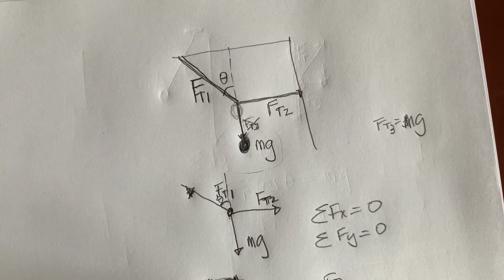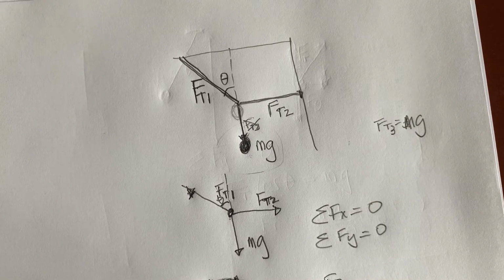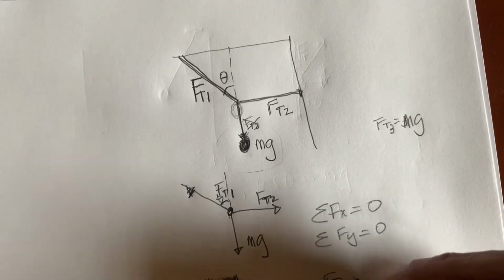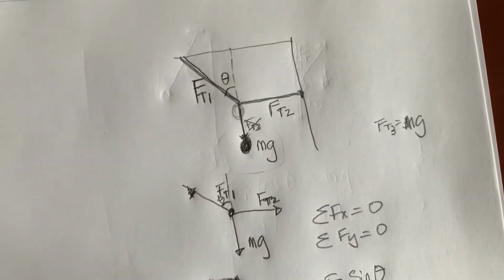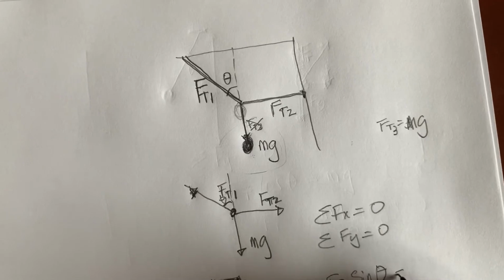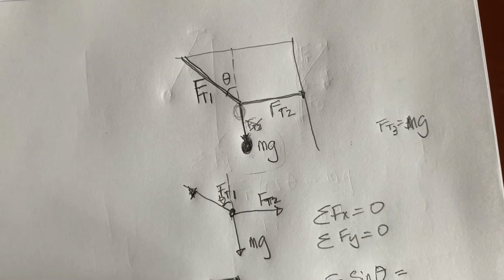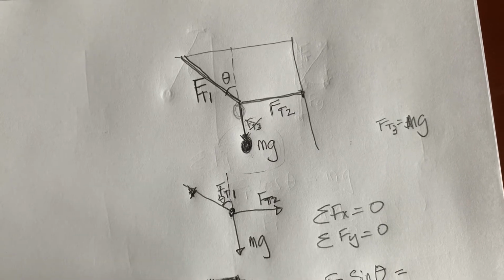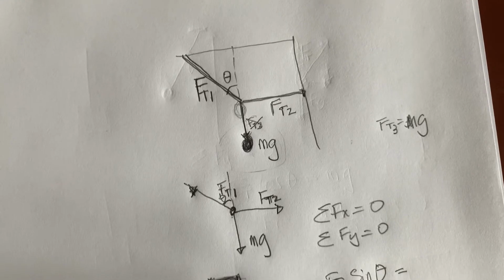And so this one would be the sine, because it's the opposite. And so FT1 sine of theta, which is this component right there, has to equal the FT2, which I didn't draw yet.